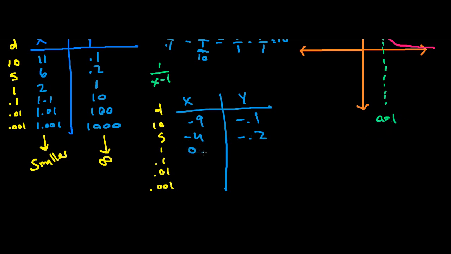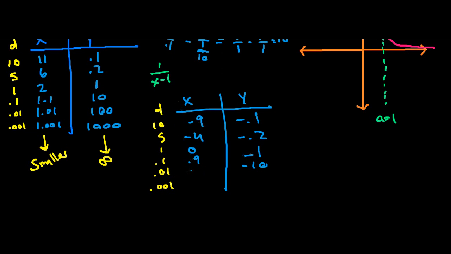I'm going to be at 0, so 0 minus 1. 1 divided by minus 1 is minus 1. We're going to get the same thing, but just going in a minus direction. To be 0.1 units away, I have to subtract 0.1 from A. That's going to give me 0.9. So if I put in 0.9, I'm going to get 1 over minus 0.1, that's going to be minus 10.